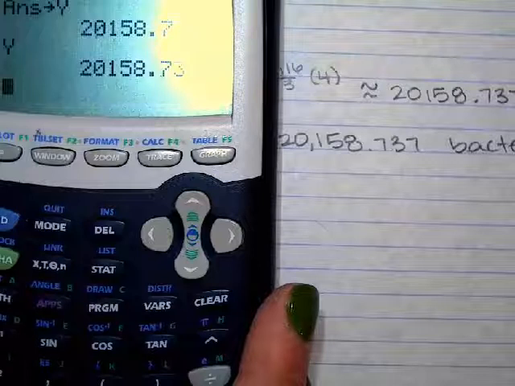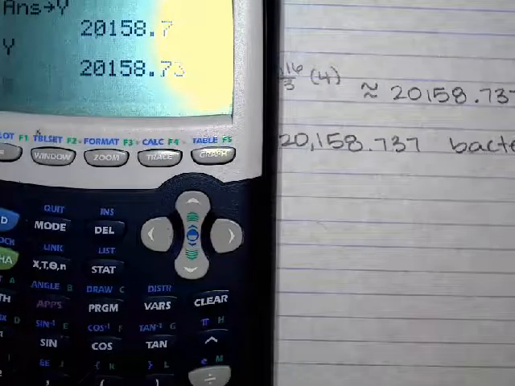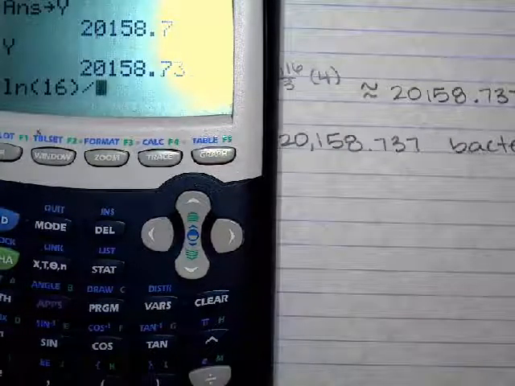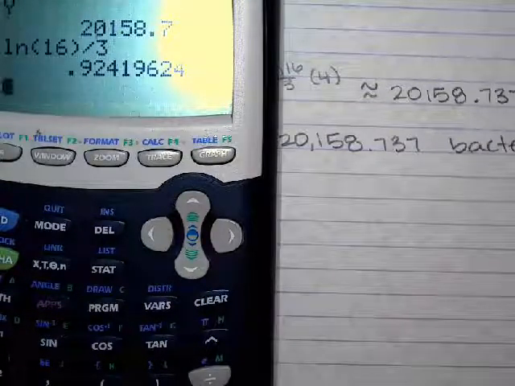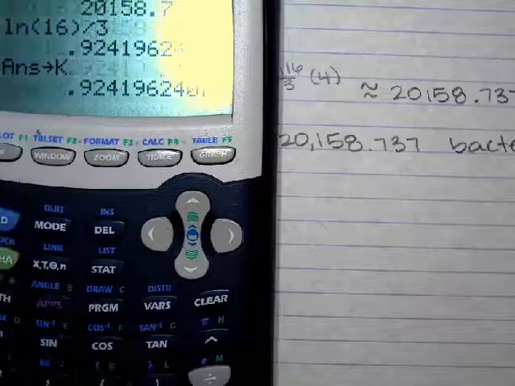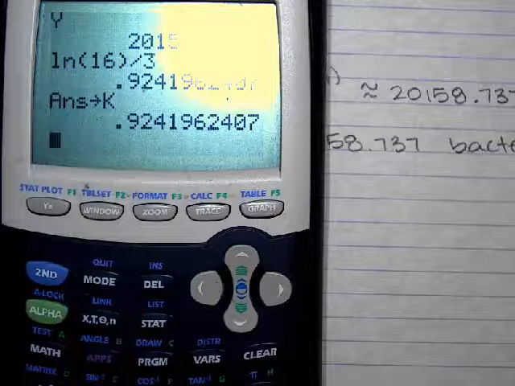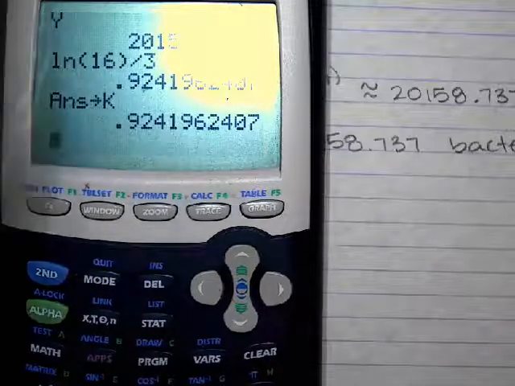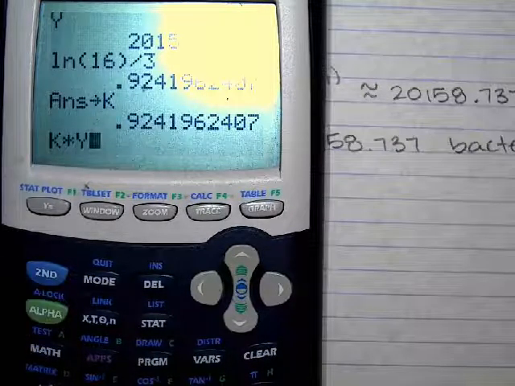So now I could also type ln 16 divided by 3. I'll go ahead and take that decimal point 924. I'll store that as K. And now I could go ahead, and we didn't really need to do that for this problem, but it's good practice. Now I can do that K times Y, and see what that answer would be. Does that make sense?